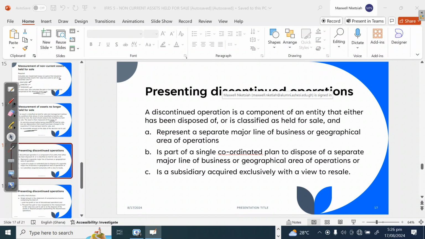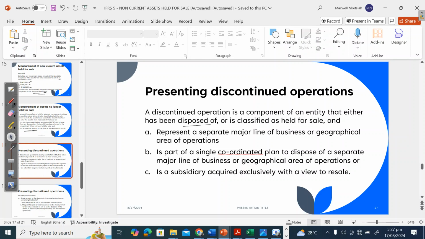Okay, so a discontinued operation is a component of an entity that either has been disposed of or is classified as held for sale, and it represents a separate major line of business, a major product line, or geographical area.